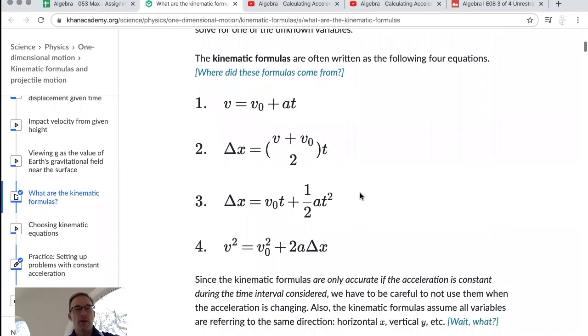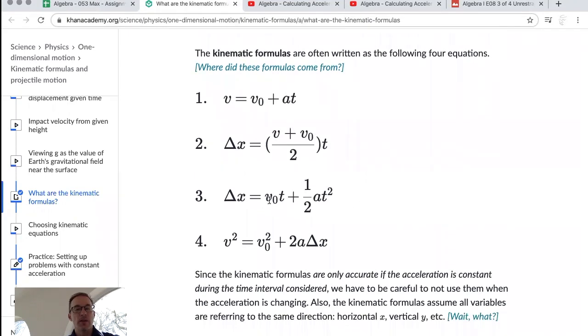And the third one, the distance is equal to the initial velocity times time plus 1/2 of the acceleration due to gravity times t squared. And the final one is velocity at any time squared is equal to the initial velocity squared plus 2 times the acceleration times the distance covered.